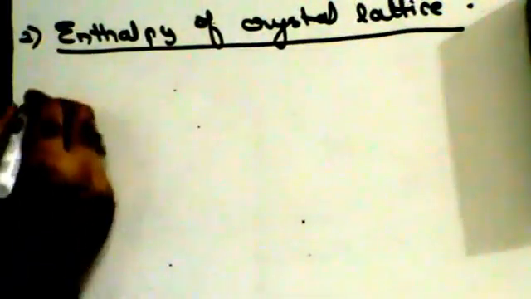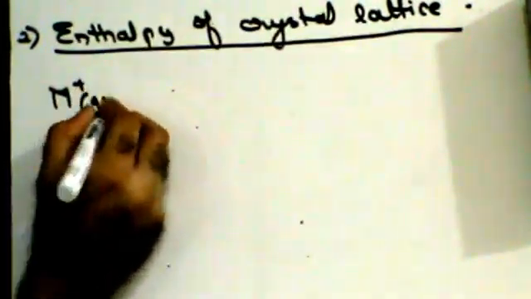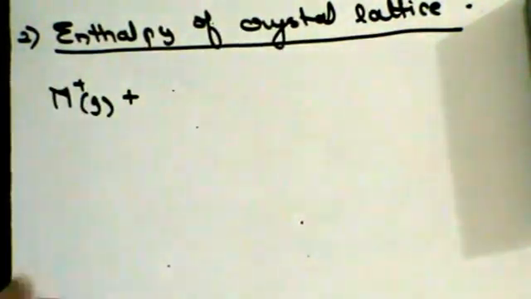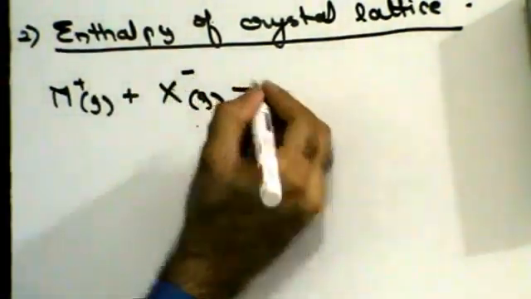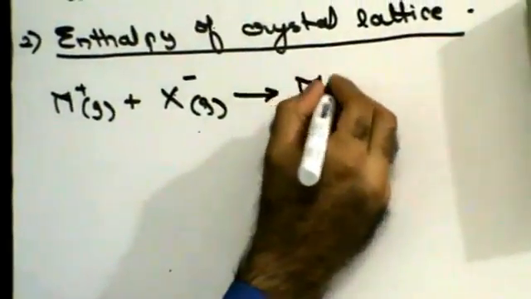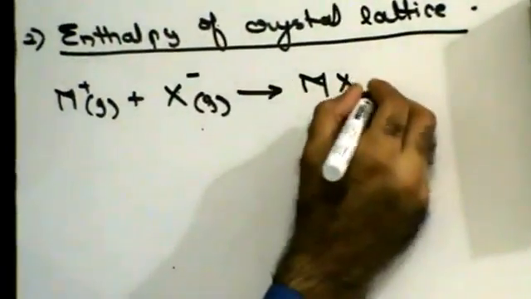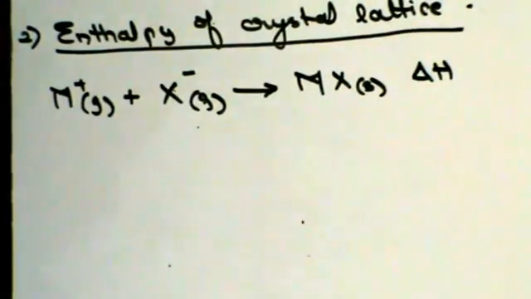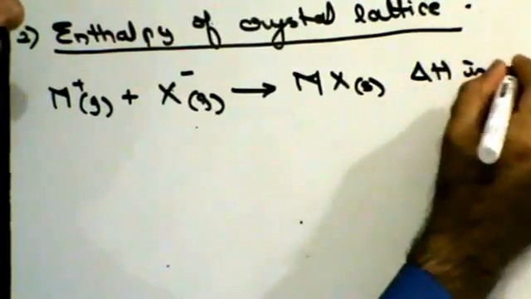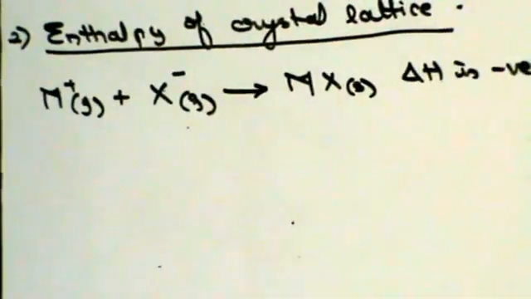Meaning, suppose I have a gaseous ion M+ (gas), I react this with some other element which is in gaseous state to get a molecule which is in solid state, right? So I would get certain enthalpy which in this case is negative. That is called enthalpy of crystal lattice.